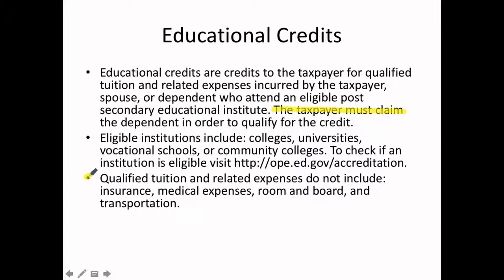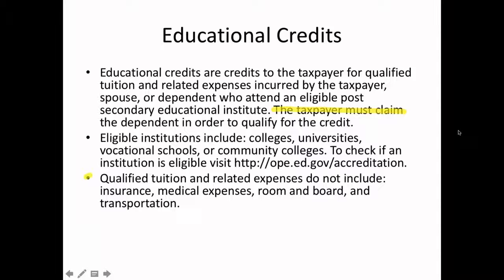So tuition and tuition cost. Maybe you're talking about a new computer. Maybe you're talking about books. Maybe you're talking about the cost of education. But you cannot include any of the things that you've read on point number 3.